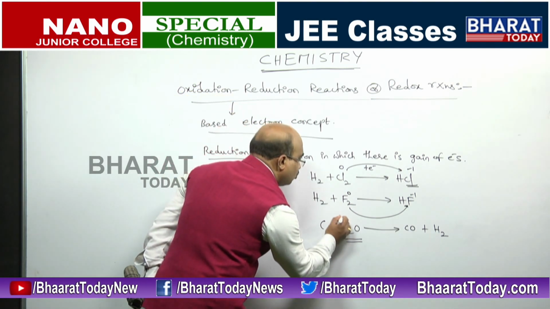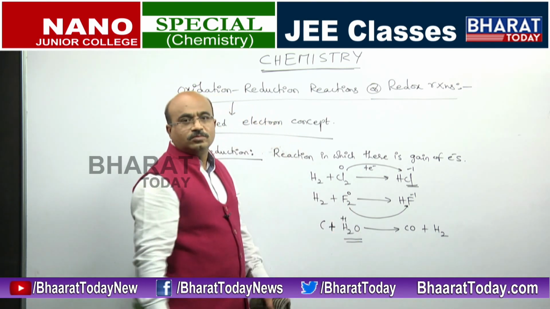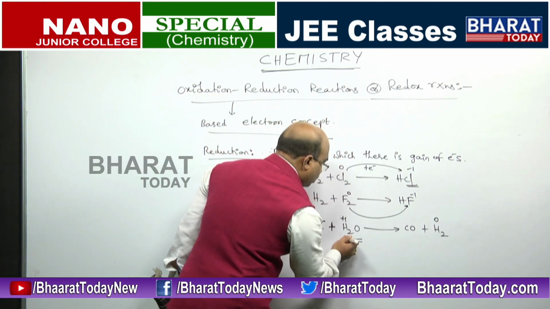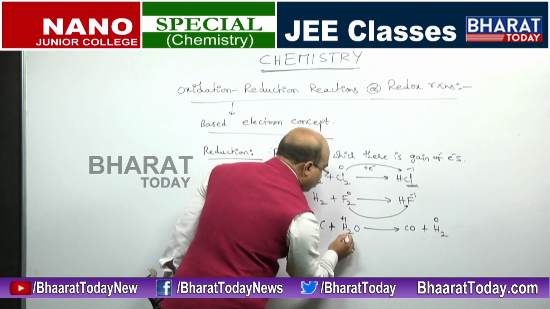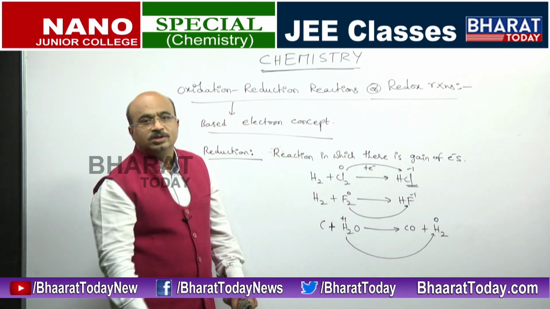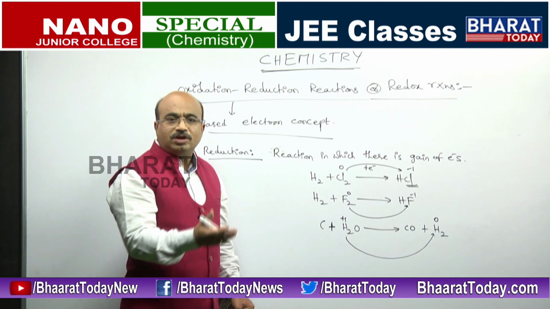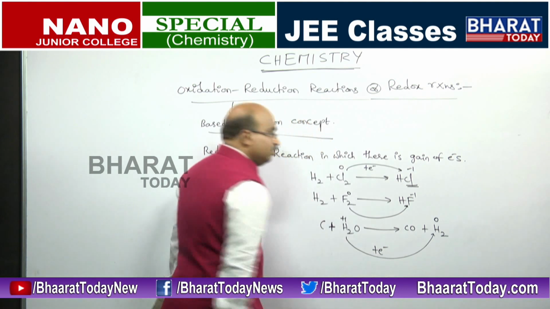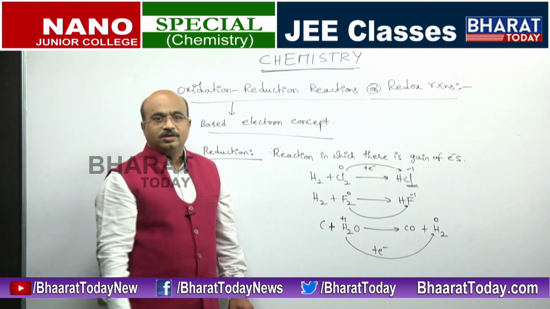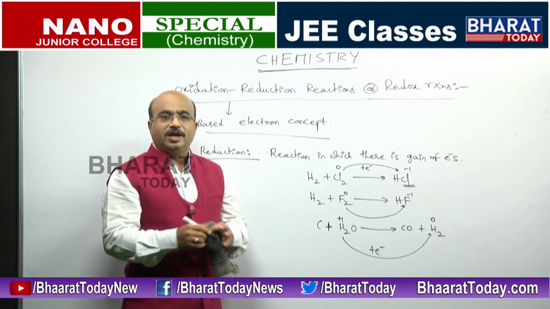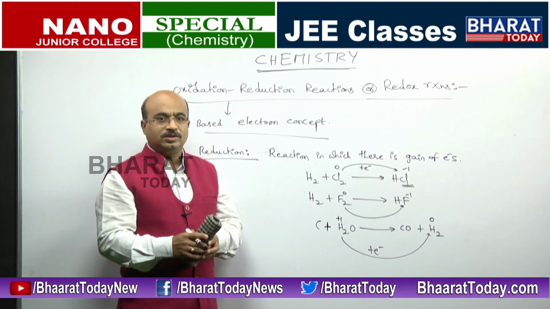The charge on the hydrogen here is +1, and the charge on the hydrogen here is 0. So the charge goes from positive to 0. How do positive charges decrease? When they are gaining electrons. So the reduction reaction means it's a gain of electrons.